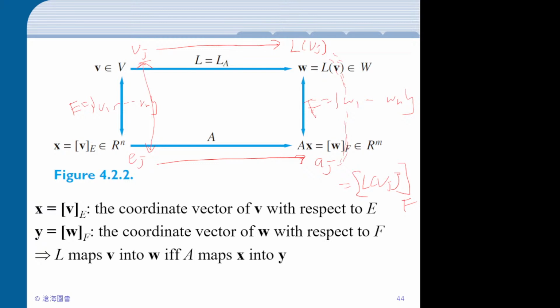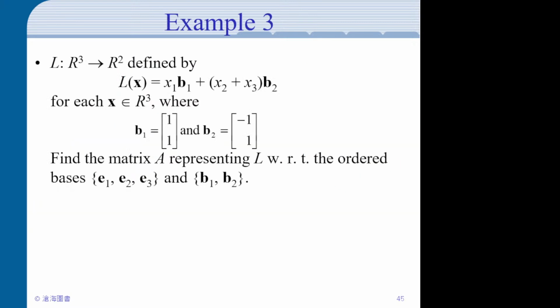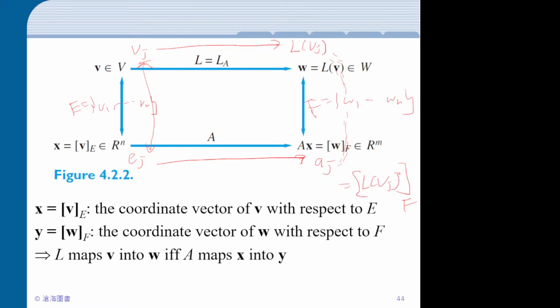So this is the high-level idea of what we do. For every Ej, we want to find some Aj inside Rn to Rn. You can go back: Ej corresponds to Vj, and Vj gets mapped to L of Vj.